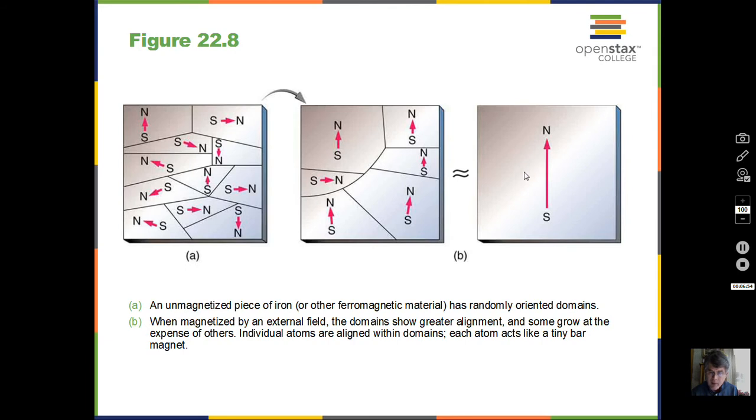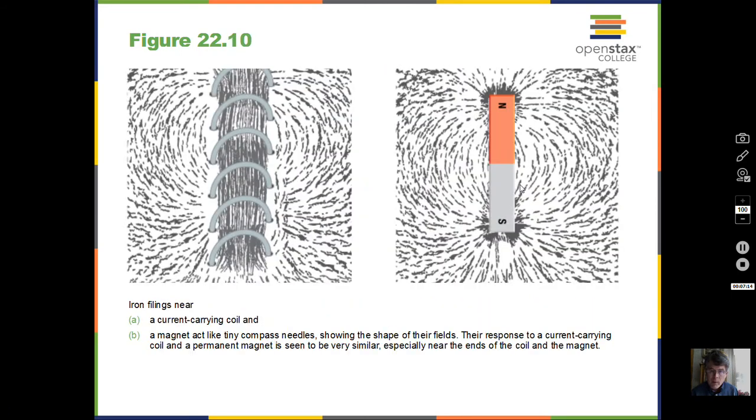If we would take a hammer to this and cause a lot of vibration, we can jostle those spinning electrons, and they would no longer be aligned, and we would lose our magnetic field. Or we can increase the temperature. That gives random motion, collisions between atoms, and the spins would be unaligned.